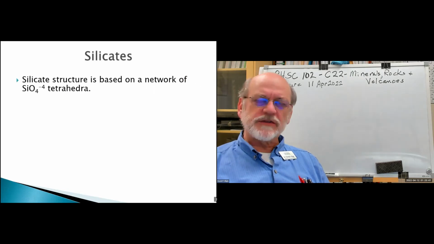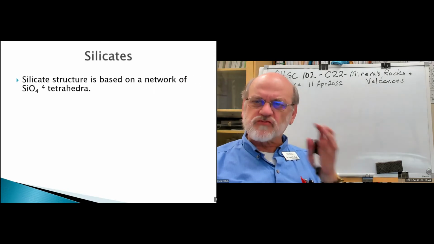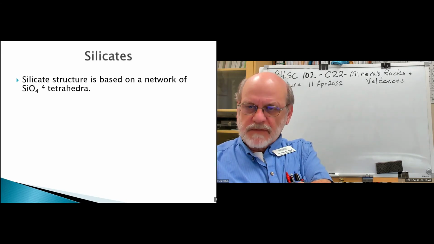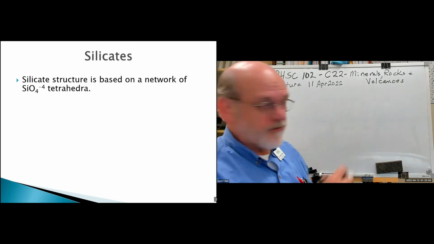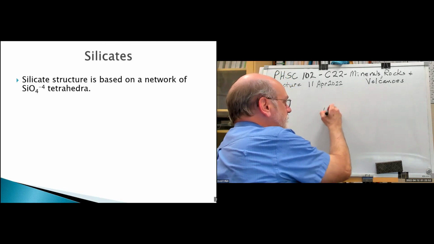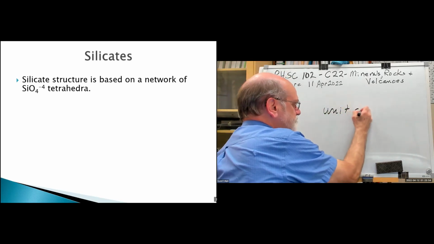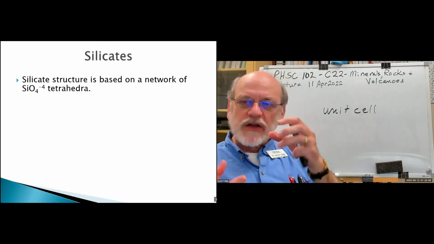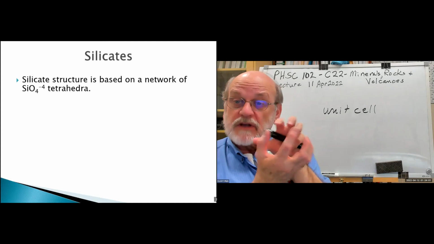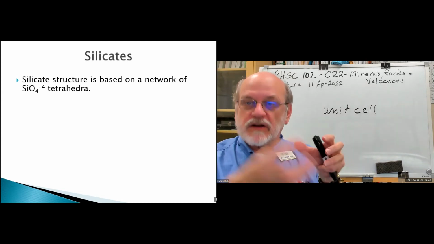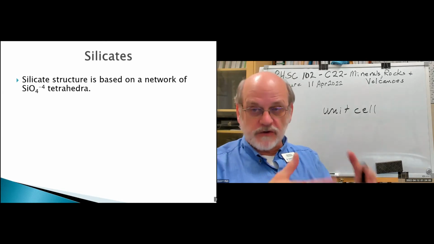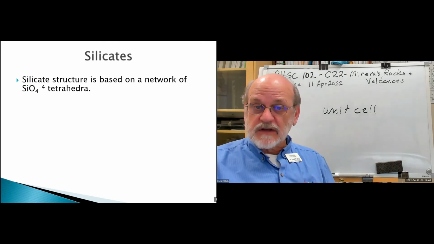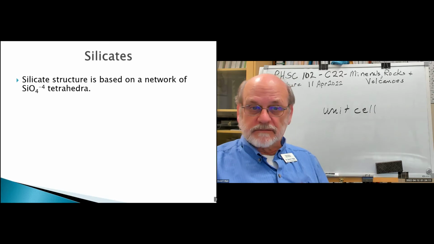Okay, what are some other characteristics of the silicates? We talked about structure, right? The basic building block. And in chemistry, sometimes we refer to this as the unit cell, the very smallest arrangement of elements that is repeated over and over in the crystal structure. That's the unit cell. And in the case of silicates, the unit cell is the tetrahedron.